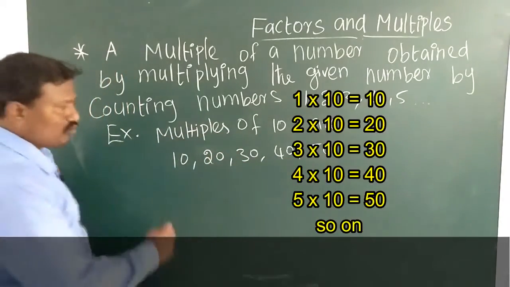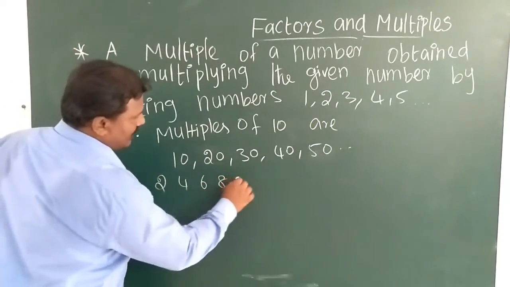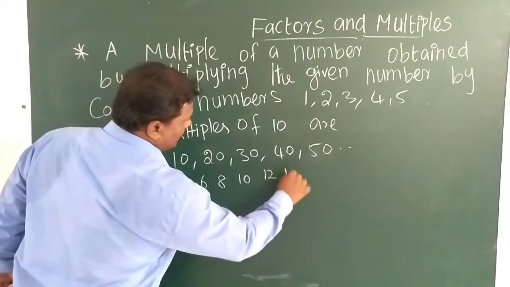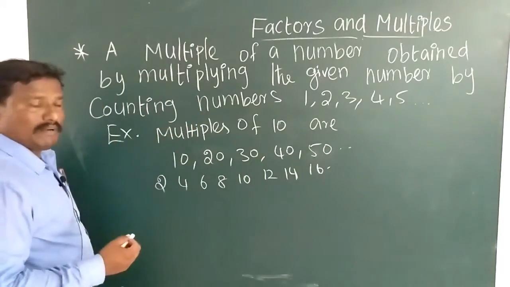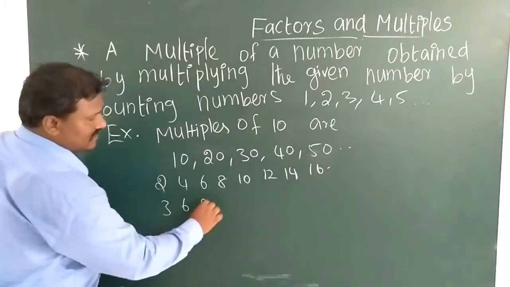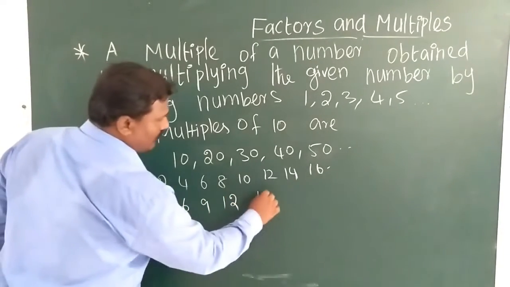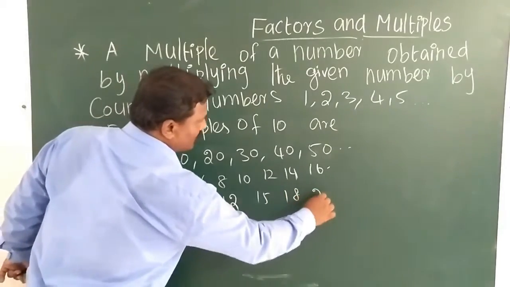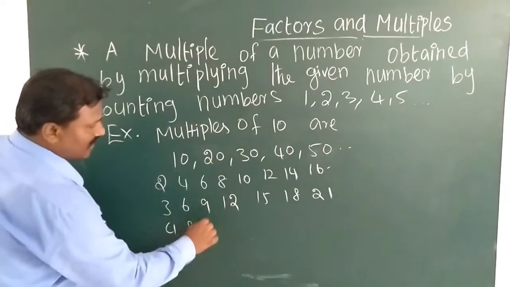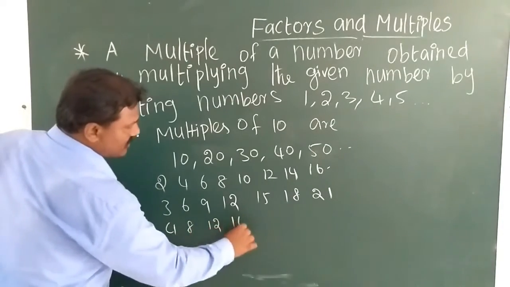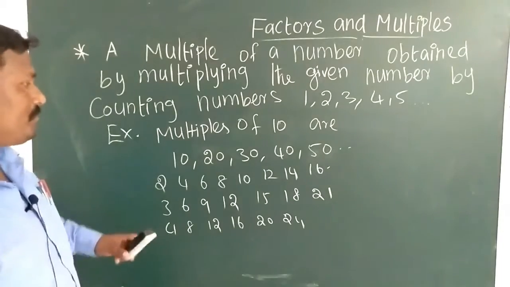Multiples of 2 are 2, 4, 6, 8, 10, 12, 14, 16 and so on. Multiples of 3 are 3, 6, 9, 12, 15, 18, 21 and so on. Multiples of 4 are 4, 8, 12, 16, 20, 24 and so on. So this is the multiple.